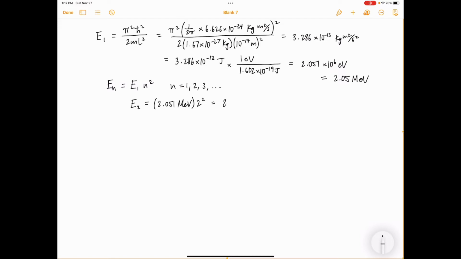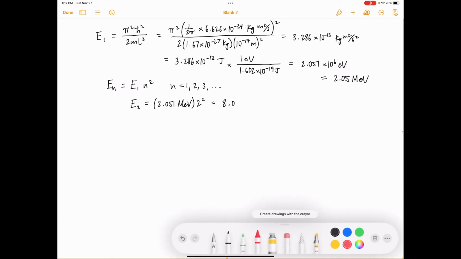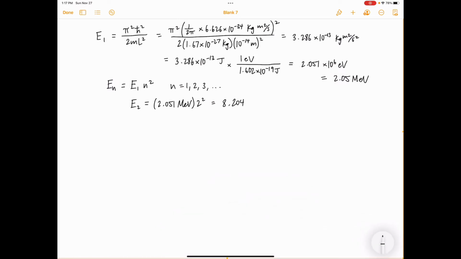And this works out to, sorry, 8.204 MeV. Okay? And we'll round that to about 8.20 MeV. So those are the two energies for the ground state and the first excited state.